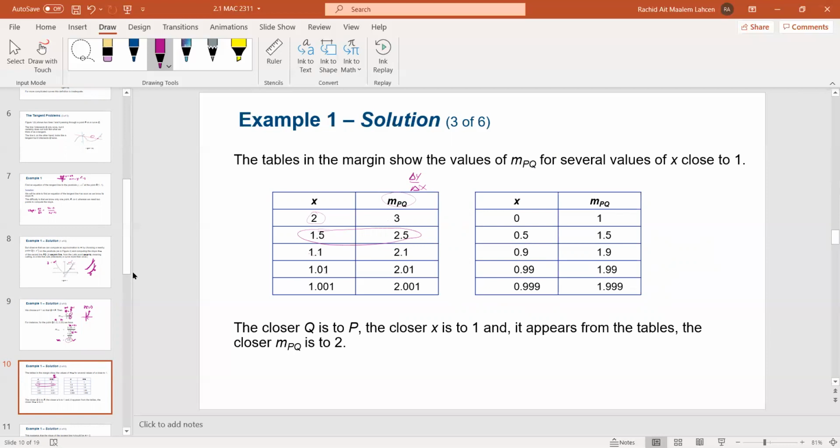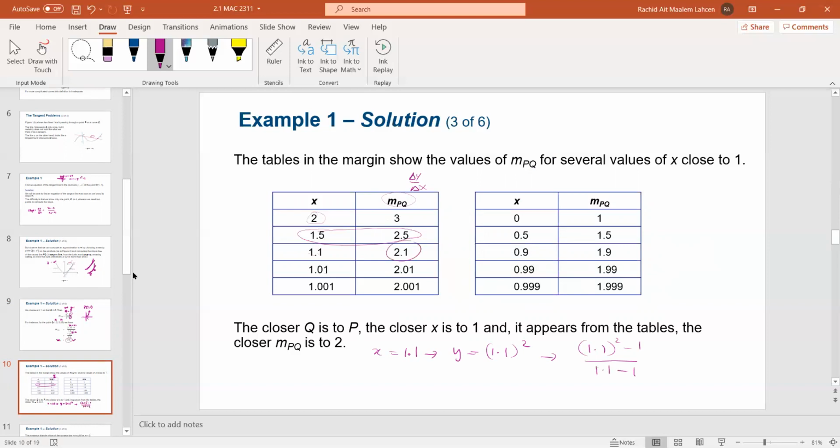So how do you calculate this? Just like what we did. x is 1.1, so you put it in the function. You do 1.1 squared, right? Then you set it in the formula, 1.1 squared minus 1 over 1.1 minus 1.